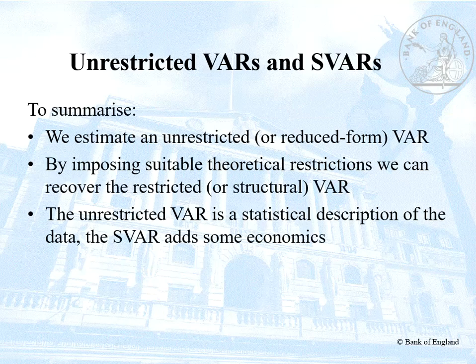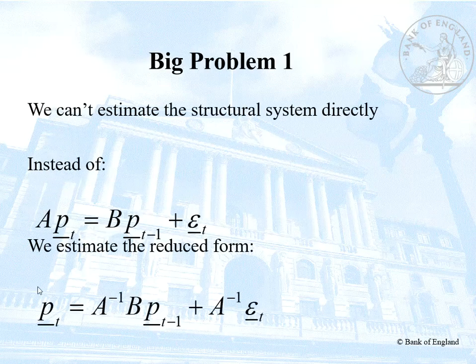So to summarize, the easiest is the unrestricted VAR model, which means you do not impose any structure on the coefficients, but for the structural VAR, you will impose some kind of restriction on the coefficients. To summarize, we estimate an unrestricted or reduced form VAR. That is something like this.